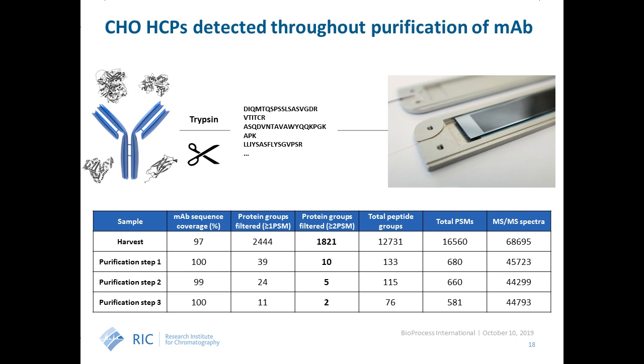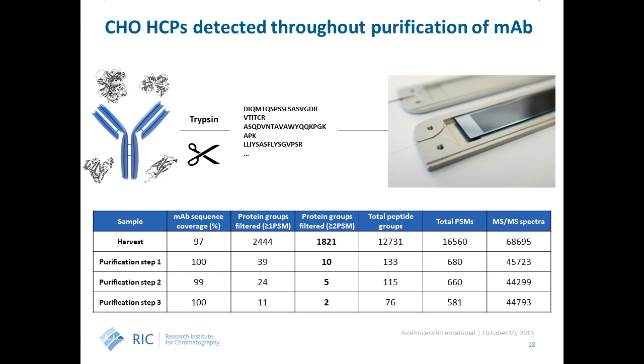The table shown in this slide shows some important metrics that we obtained on the different downstream process samples. So in the harvest sample, we could acquire close to 70,000 MSMS spectra, and after database searching, close to 30,000 unique peptides could be identified, and this corresponds with 1,812 proteins with more than one PSM, or more than one peptide spectral match.